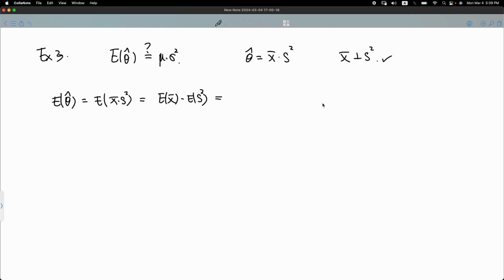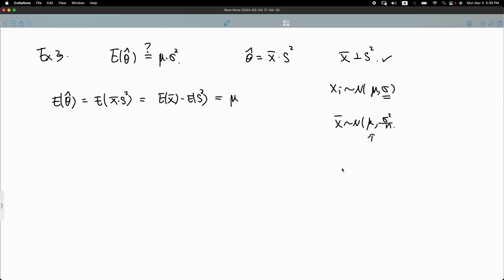Now we revisit the definition of X. Each Xi follows a normal with mean mu and standard deviation sigma. What is the expectation of X bar? Mu. We can write X bar as normal with mean mu and variance sigma squared over n. So the expectation of X bar is mu, and then we multiply by the expectation of S squared.